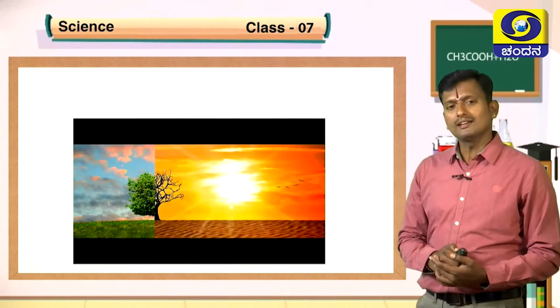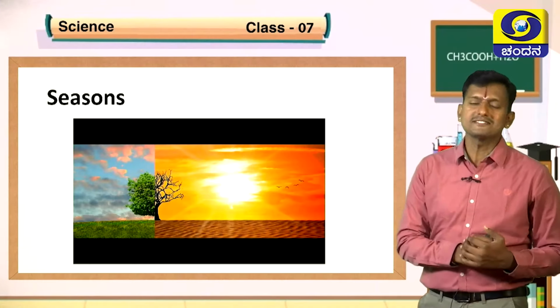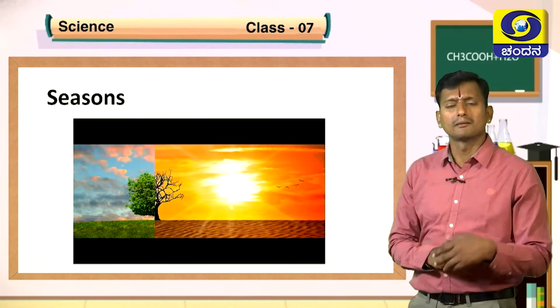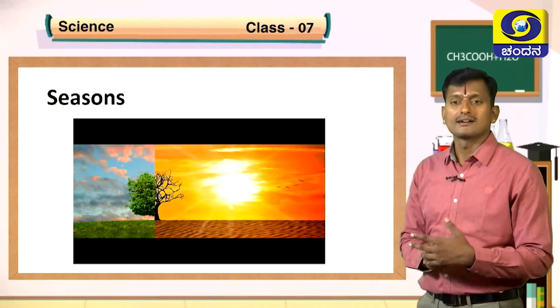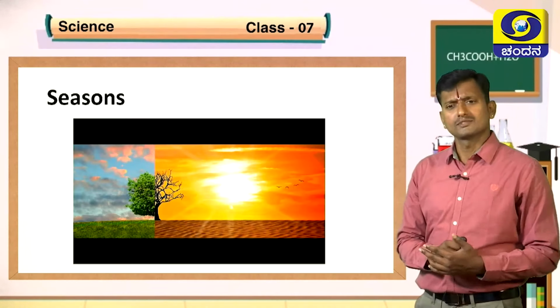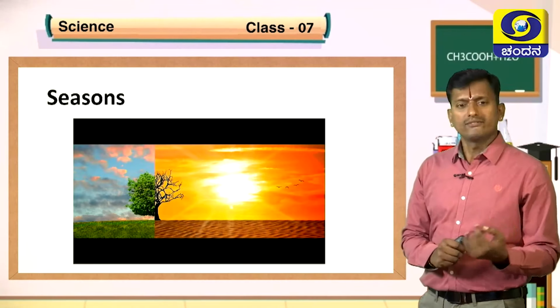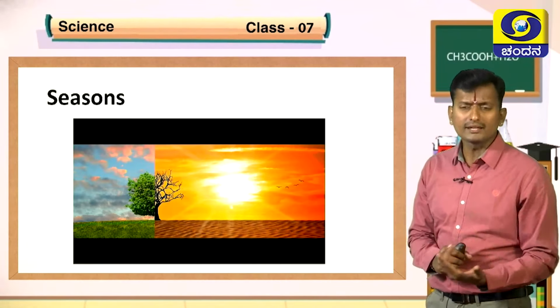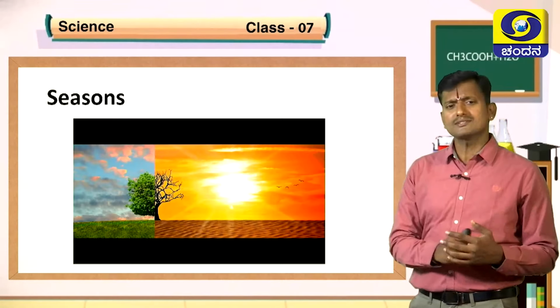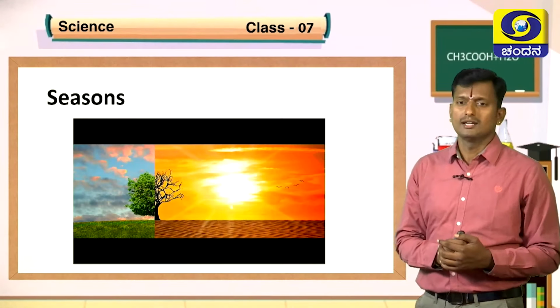In the same way, what is this? These are different types of seasons, maybe summer, winter, rainy, autumn. It's also a natural phenomenon. It doesn't make any fear because it's quite natural and simple.